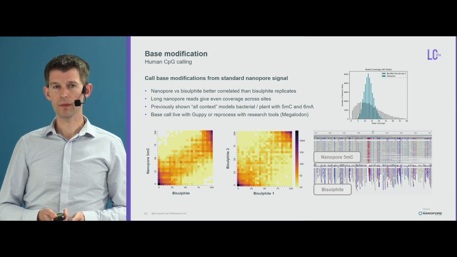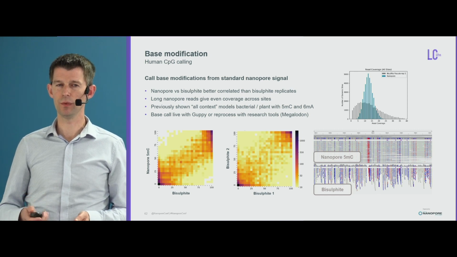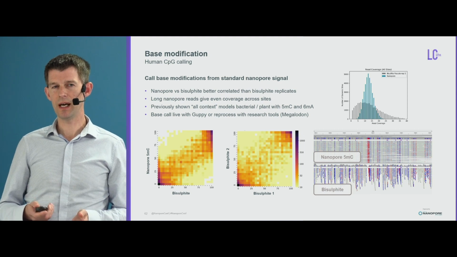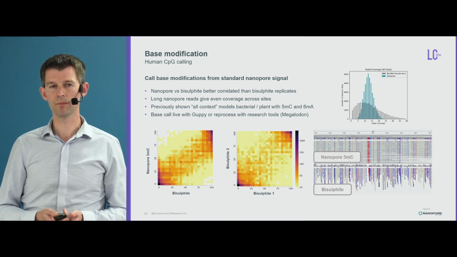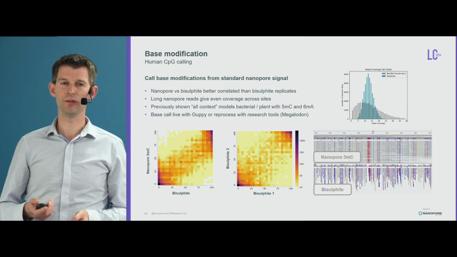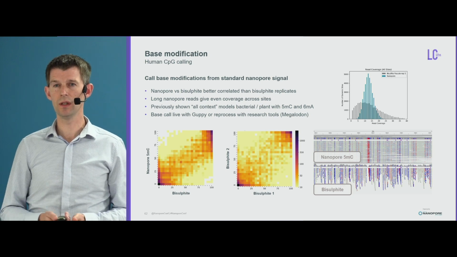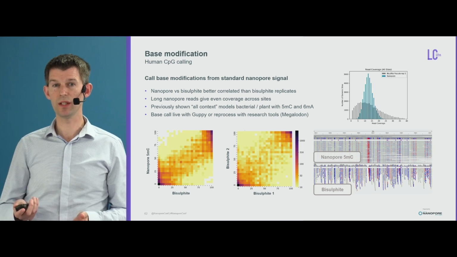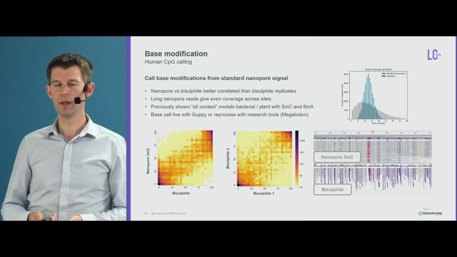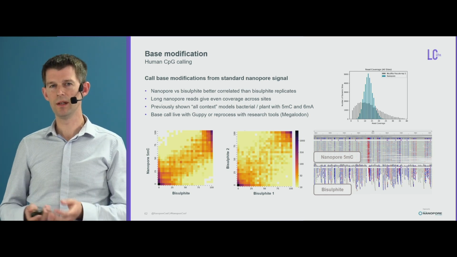And what we see, from the same data as we've used earlier, when we compare our 5-methyl-C calls to the ground truth out there, which the best there is this bisulfite sequencing, which is a chemical conversion. You then put that into your short read sequencer, and you have to do a converted sample and a non-converted sample, and compare them and find out where the changes were.